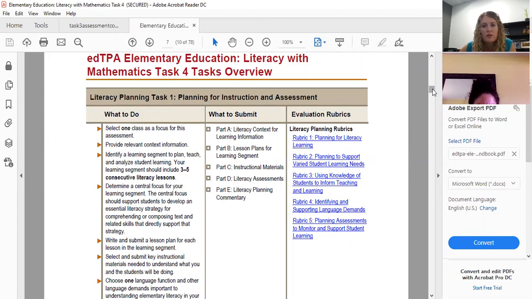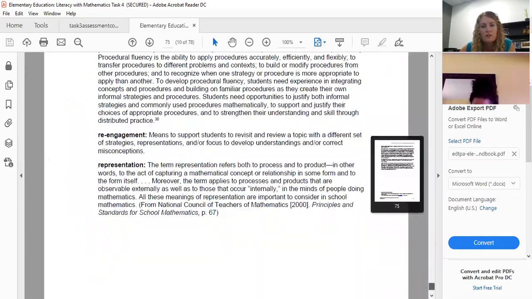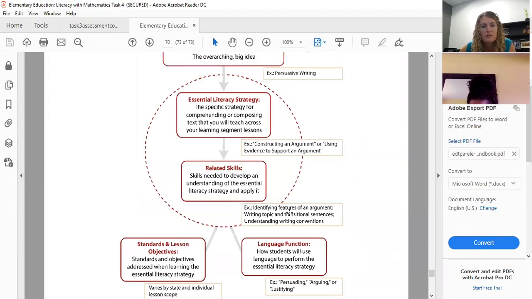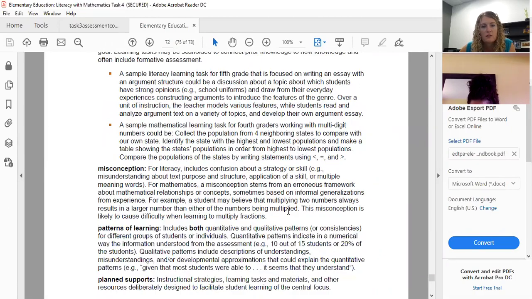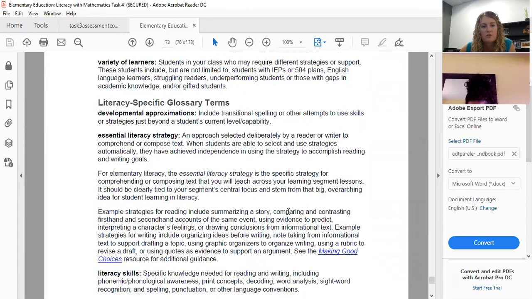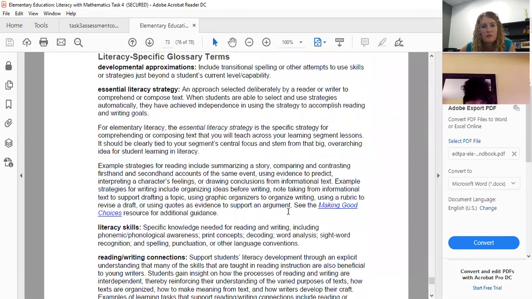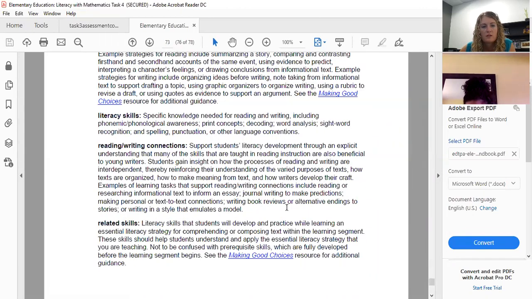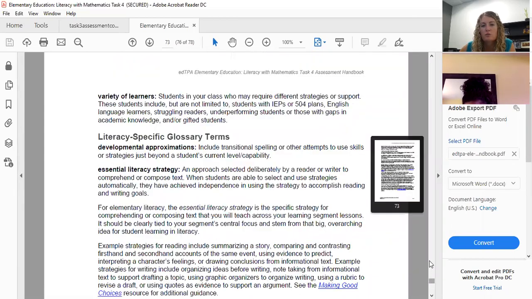And then for the glossary, you can find that at the end. All of those terms. These are also the same terms you'll see on the rubrics.